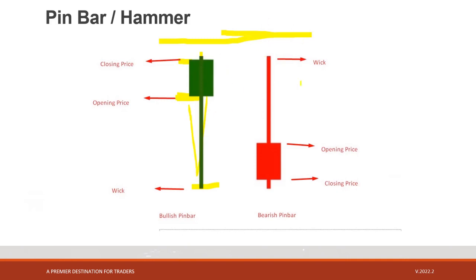Now, the opposite is true for the bearish pin bar or the inverted hammer. Price opened here, this was the opening price. At some point during the period, let's say this is a day or a 1 hour chart, price came as high as this. That means buyers pushed price all the way up to here. But before the close of that period, sellers came in and forced price back down, even as low as here, and it ended up closing down here.